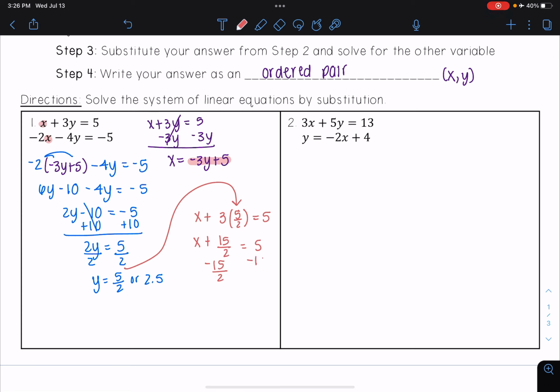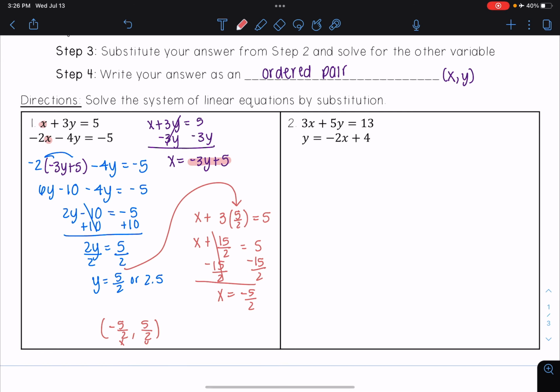Subtract 15 halves from both sides. And I get that x is equal to 5 minus 15 halves. I can rewrite 5 as 10 over 2. So 10 minus 15, I get negative 5 halves. So my answer here is (-5/2, 5/2). So my x comes first and my y is second.